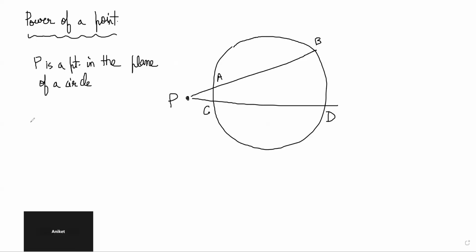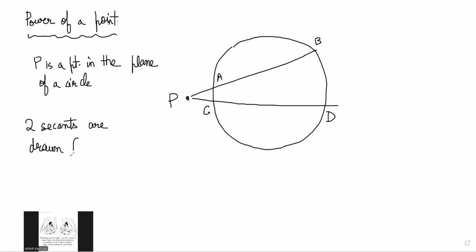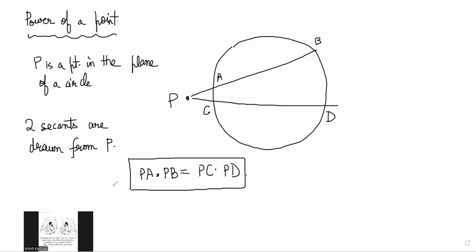Yes, sir. Two secants are drawn from P. Then you can prove that always PA times PB will be equal to PC times PD. The proof of this is simple only. It is a similar triangles proof. You should join A and C. You should join B and D, right?